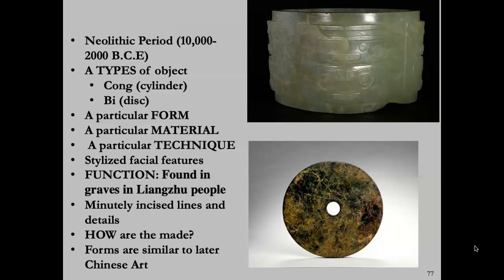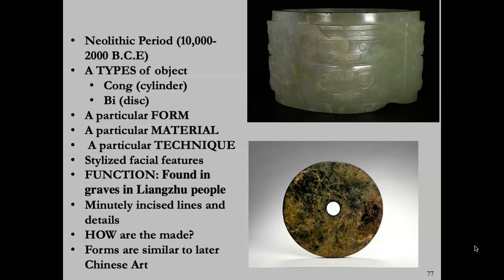There are many different interpretations of what they might be. Later Zhou and Han texts refer to the ritual use of these as representing the earth and the heavens, but we have very little knowledge of what their original meaning might have been.